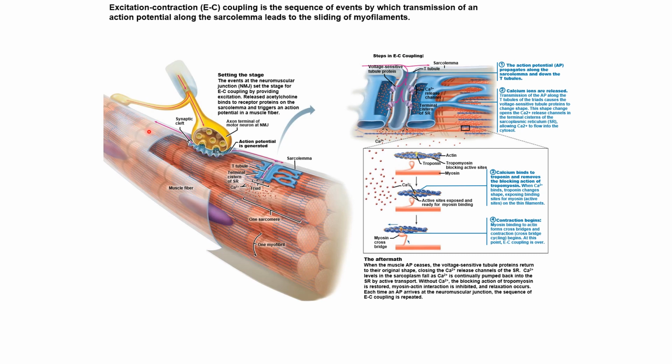Once it binds, those are the steps known as the excitation-contraction coupling, which we will talk about in detail. The excitation-contraction coupling is going to generate another action potential. So let's zoom in to check out how that is going to happen.